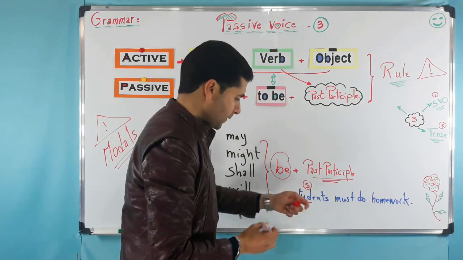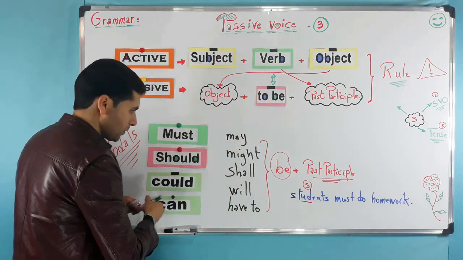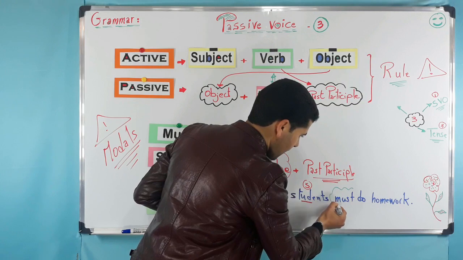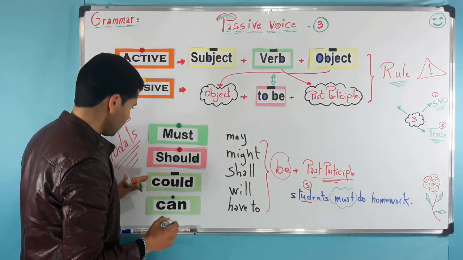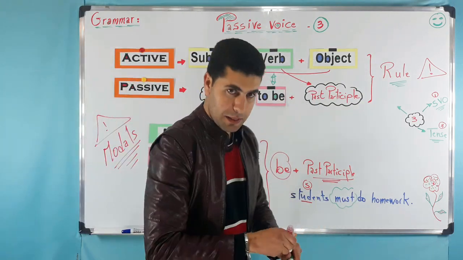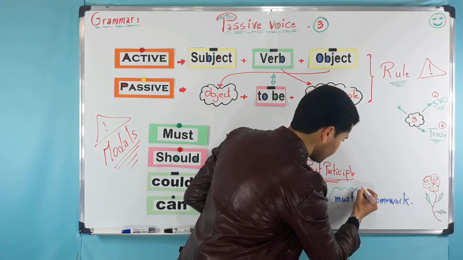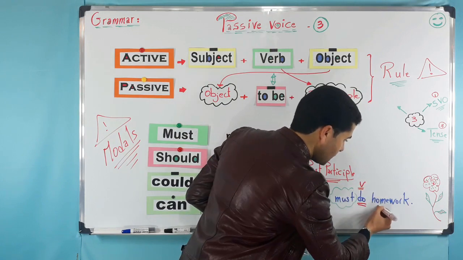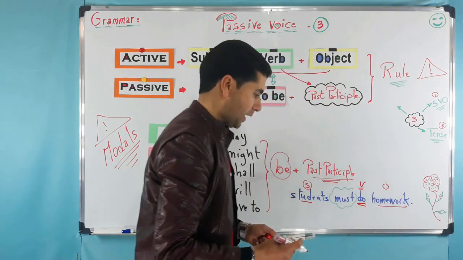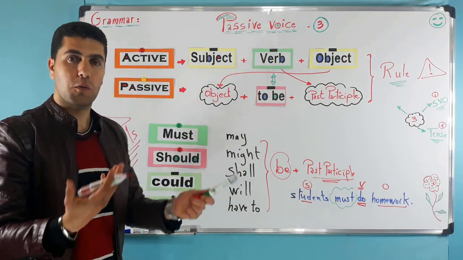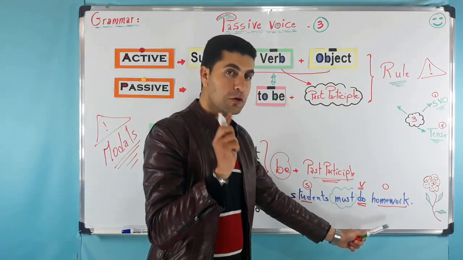Must is the modal verb that we are talking about here. And then we have the verb, which is do, and homework is the object. Students must do what? Students must do homework.